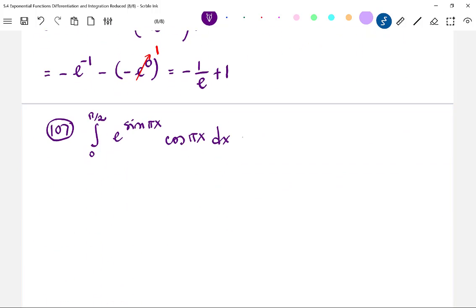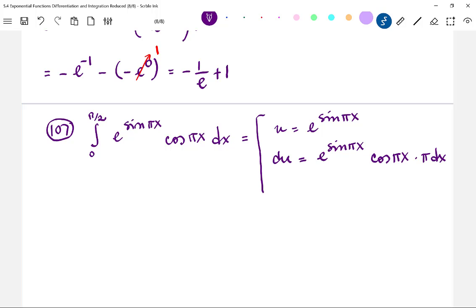So here, let's apply u substitution by changing the limits. Let u be equal to e to the sine pi x. Then du is going to be the same thing times the derivative of sine pi x, which is cosine pi x, times the derivative of pi x, which is pi dx.